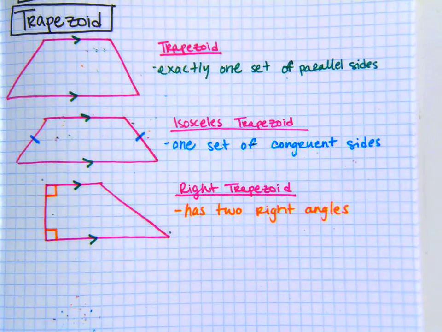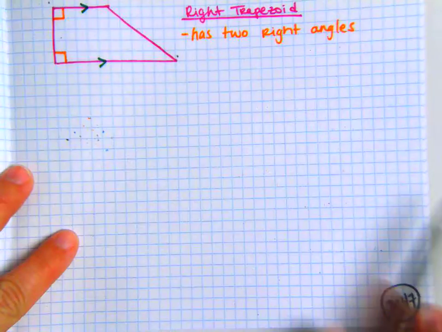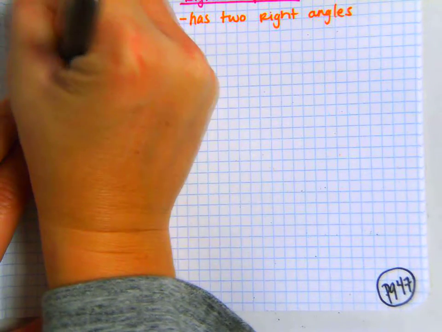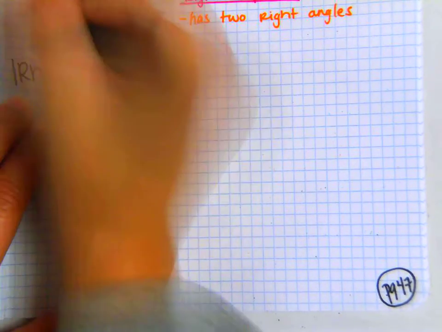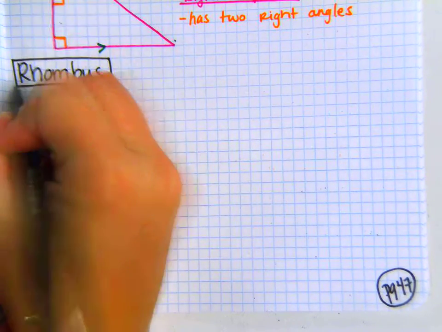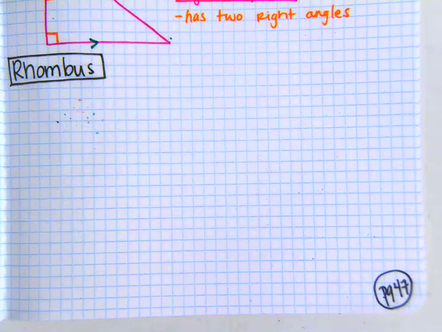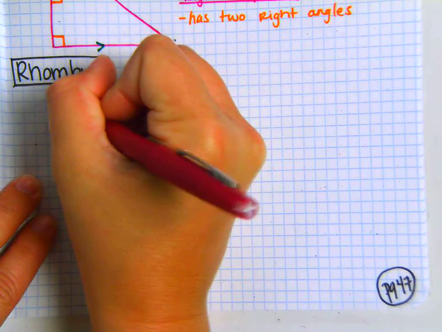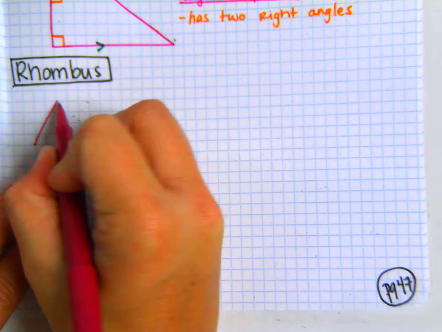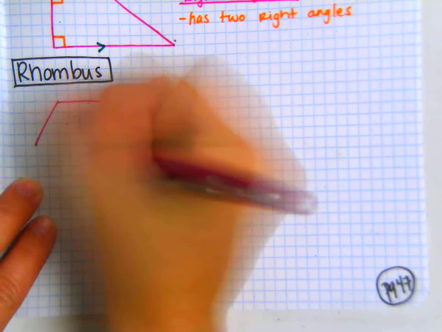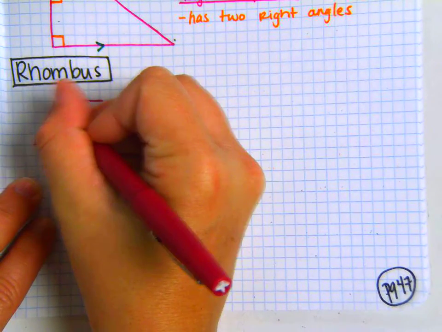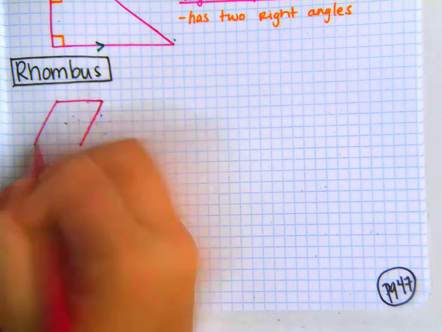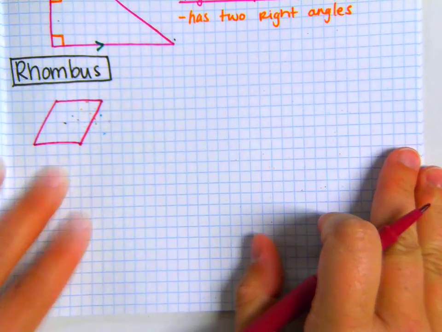Okay, so that's trapezoid. Now moving on to rhombus. So rhombus. A rhombus looks like this. So that's a rhombus.